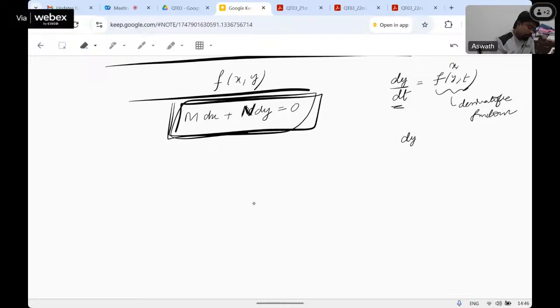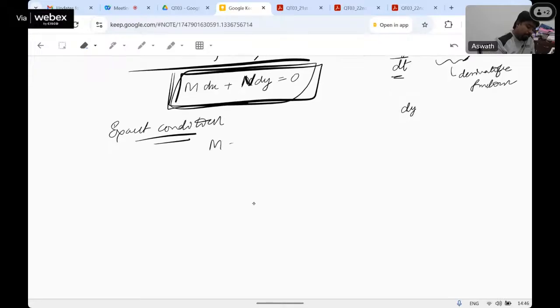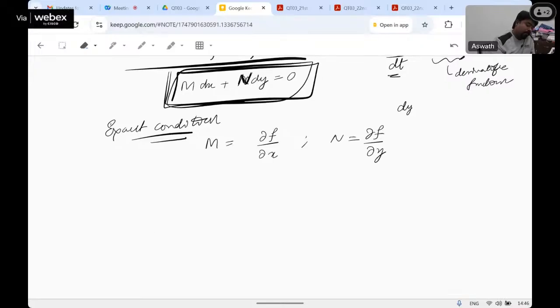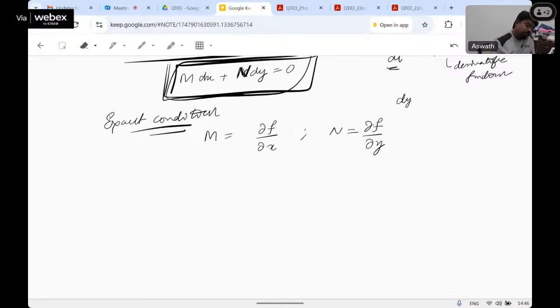It is called solutions using the exact condition. What is that exact condition? Where m is the partial derivative with respect to x and n is the partial derivative with respect to y of function f, where f is the derivative function of this differential equation.